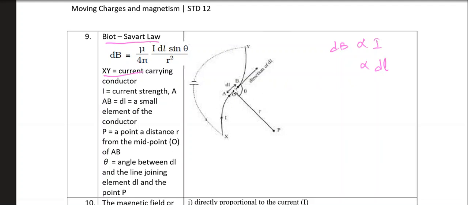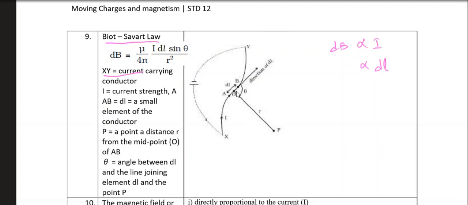AB is the smallest length element of the conductor. P is the point. We have already said that when current is passing through this conductor, it creates a magnetic field, and we have to experience it. How? By keeping a point P here.